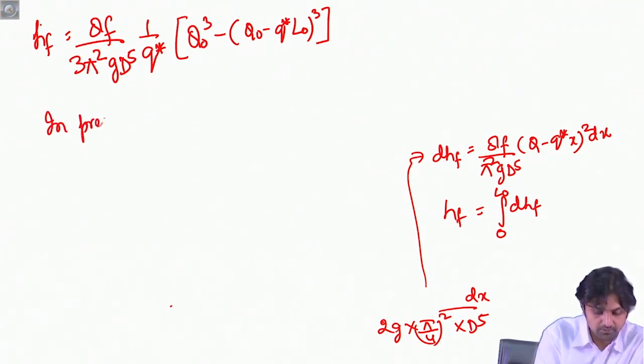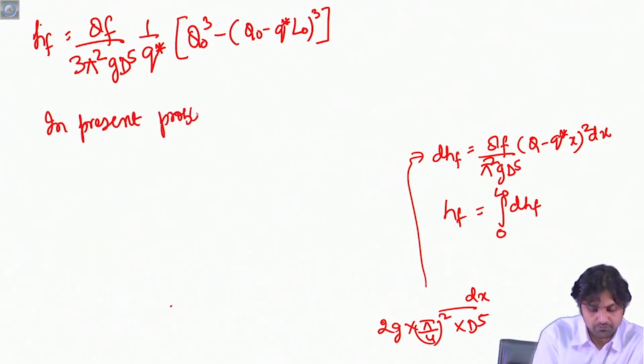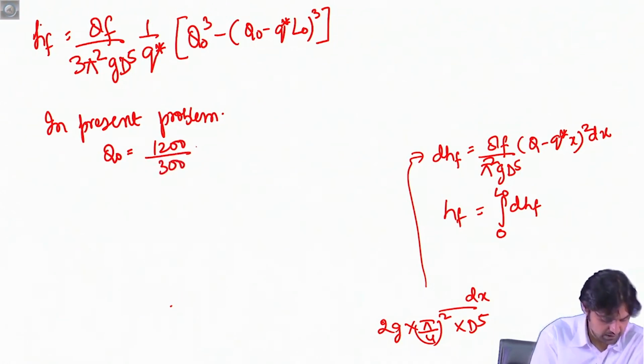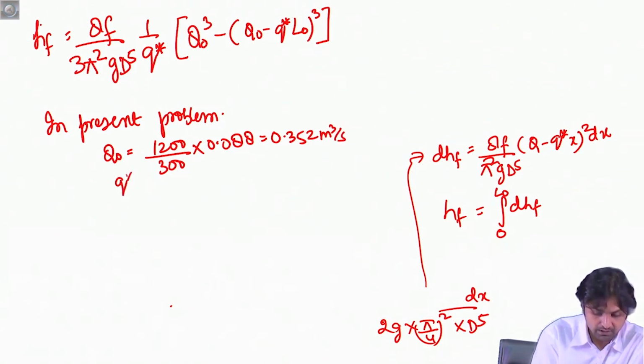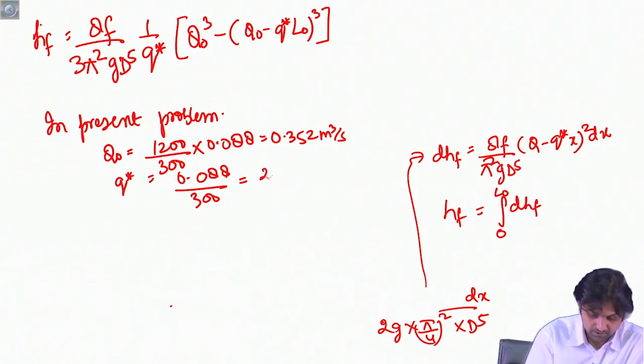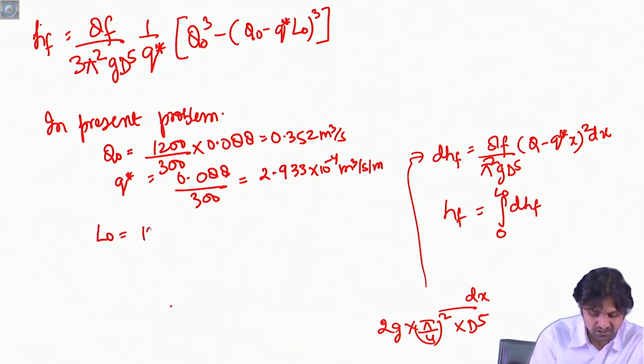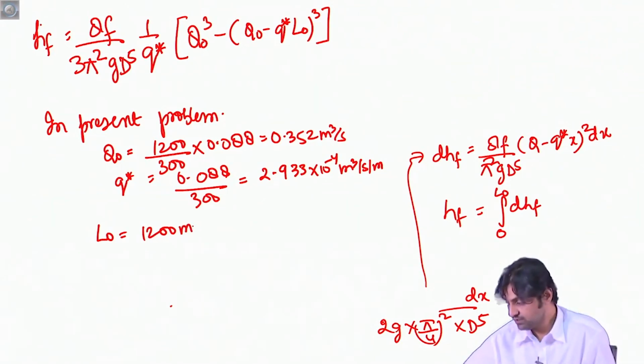So in the present problem, Q naught is 1200 by 300 into 0.088, so we have 0.352 meter cube per second, and this Q star is 0.088 by 300, that is 2.933 into 10 to the power minus 4 meter cube per second per meter, and L naught has been given as 1200 meter. All right.